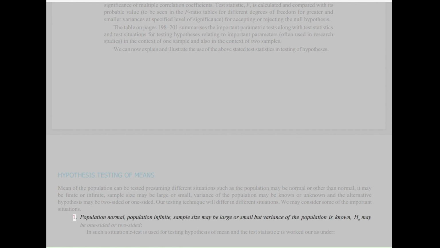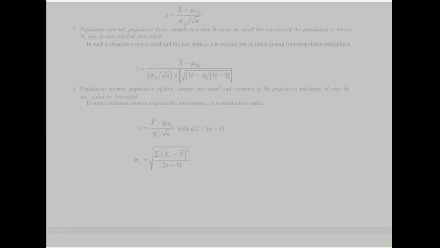1. Population normal, population infinite, sample size may be large or small but variance of the population is known, may be one-sided or two-sided. In such a situation, z-test is used for testing hypothesis of mean and the test statistic z is worked as under. 2.